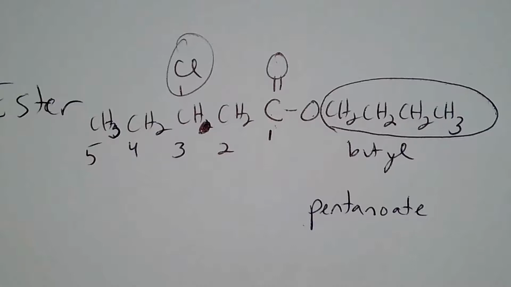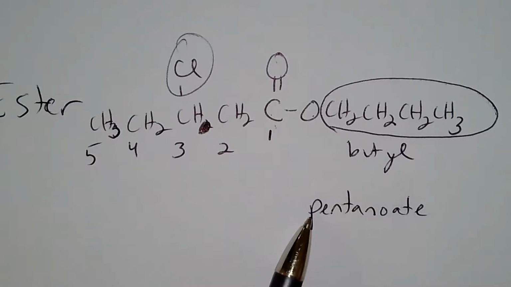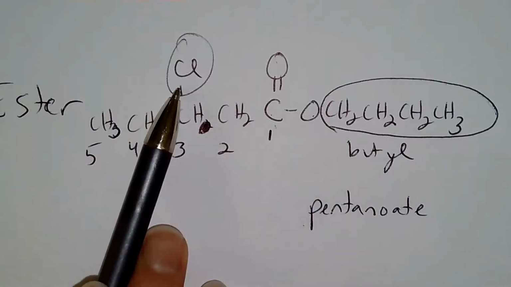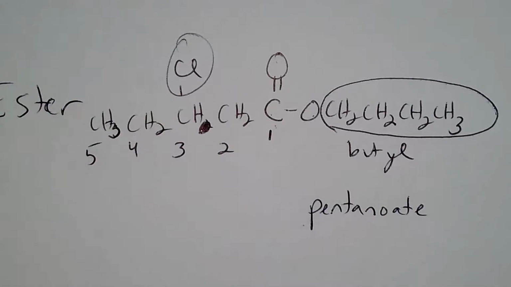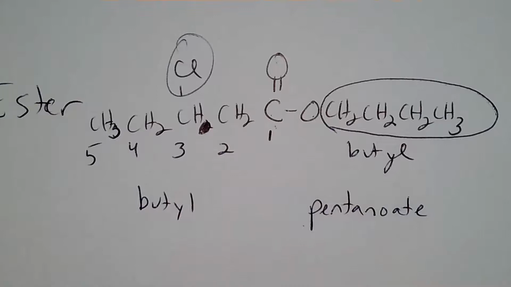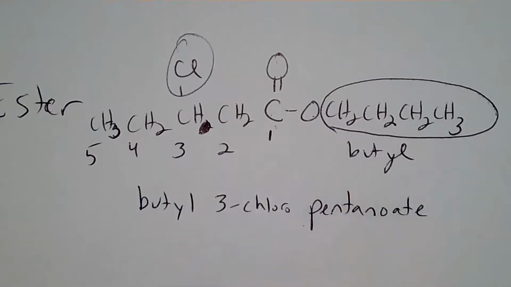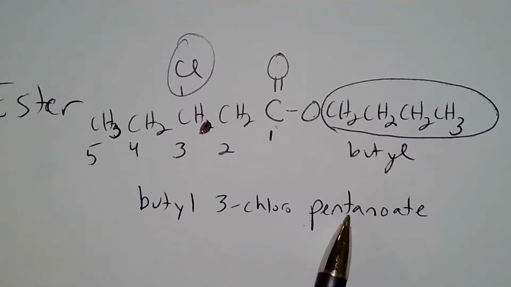So who comes first in the alphabet? The butyl comes first. So the butyl doesn't have to be in front of the pentanoate. It's going to go with the alphabet. That's why I did this example so that you could see that. So you should write the butyl first and then write the 3-chloro. Typically you see most of the branches are right next to the name, but you do go by the alphabet.